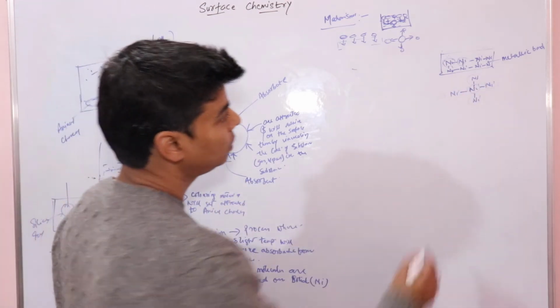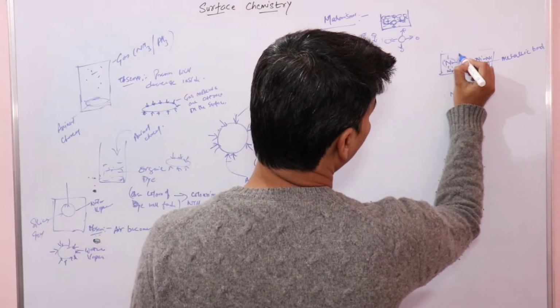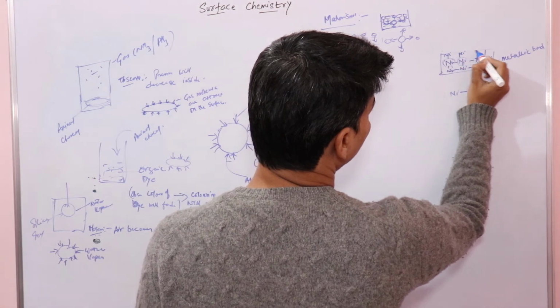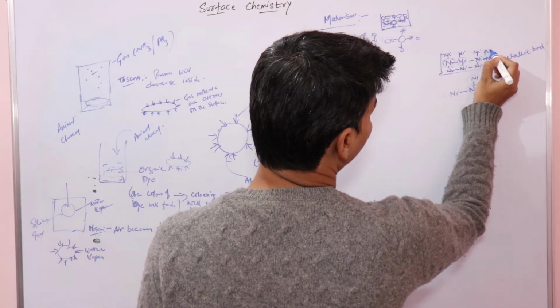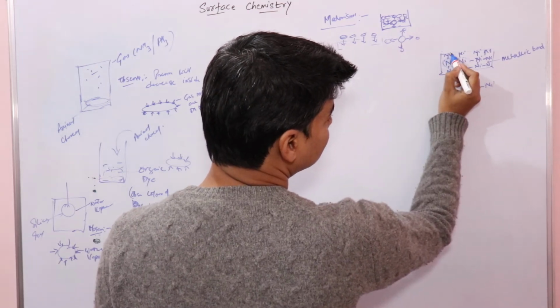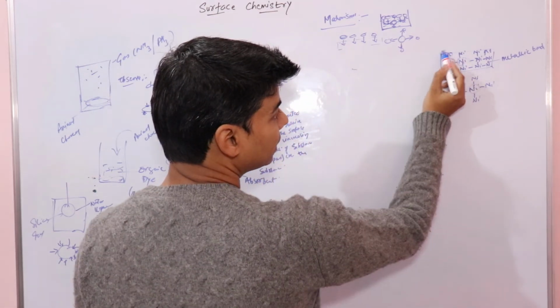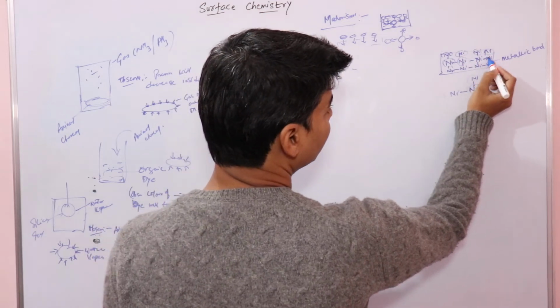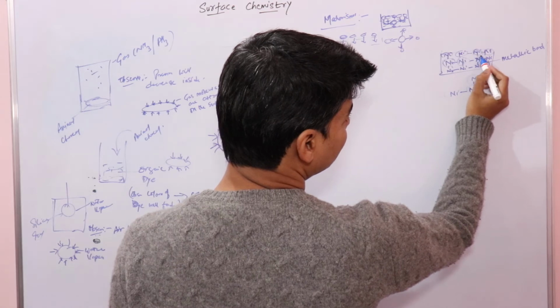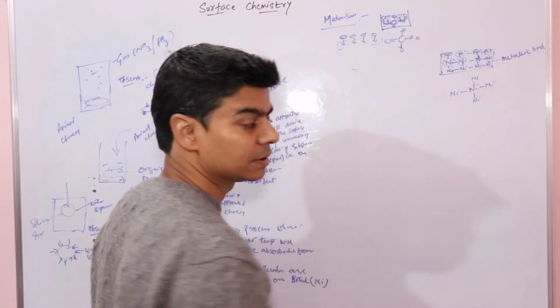Now, if we talk about the nickel atoms that are at the surface, right, the nickel atoms at the surface would be attracted by nickel atoms at the side and the nickel atoms below.